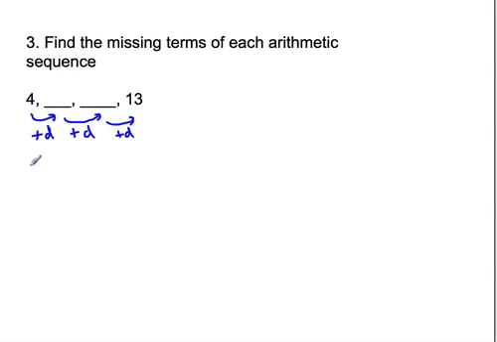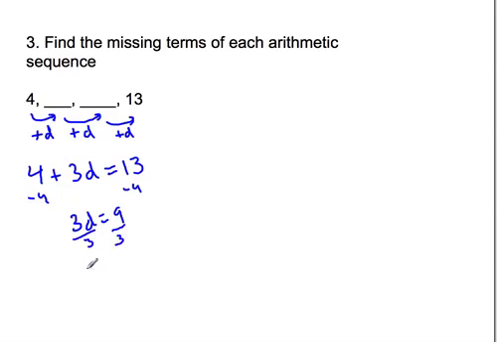So you can say that 4 plus 3d equals 13 because you're adding that d 3 times. If you solve for d, subtracting 4 from both sides, you get 3d equals 9. Divide by 3, you get d equals 3. So your common difference is 3.